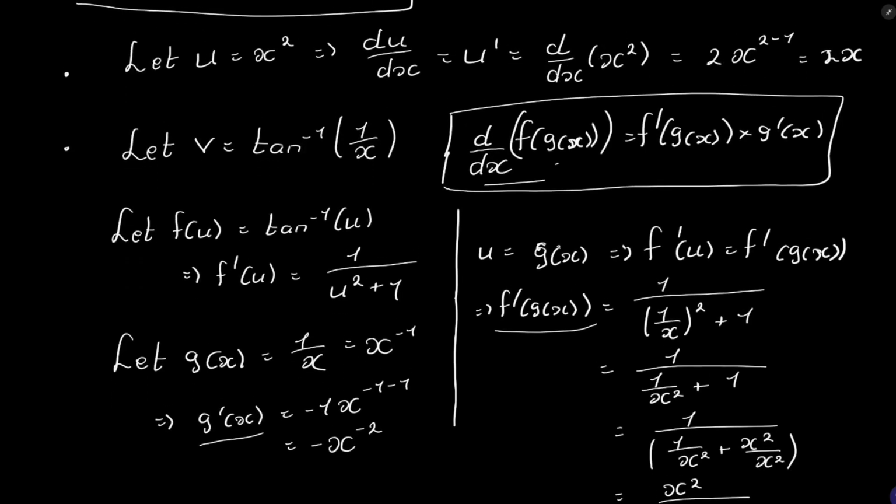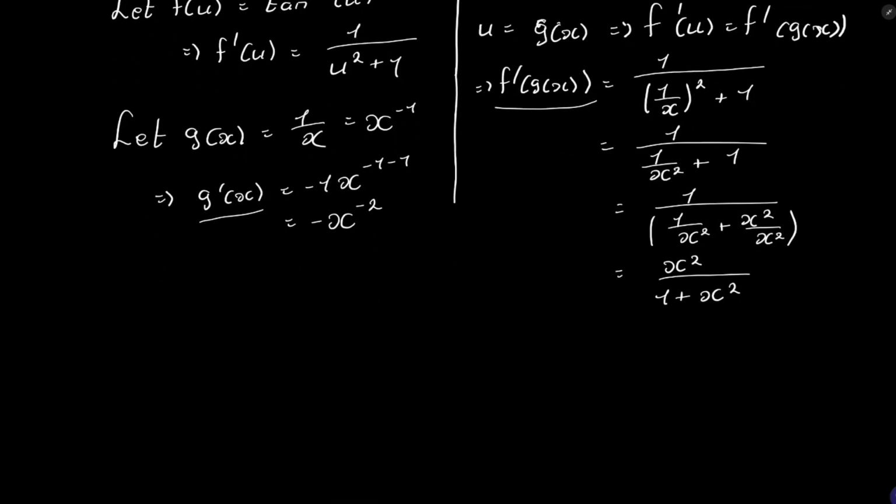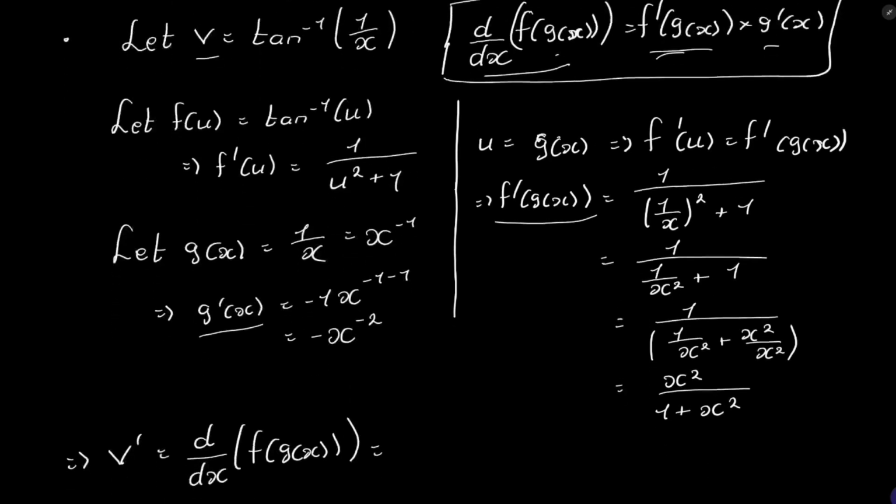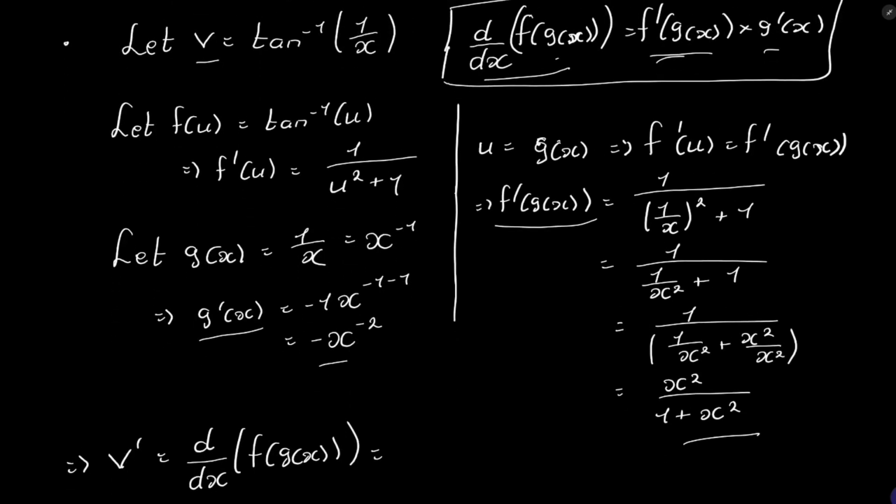This derivative here is the same thing as the derivative v prime. So this implies that v prime, which is the derivative with respect to x of f of g of x, gives us this times this. What is this? This is what we have calculated here, and this is our g prime of x.